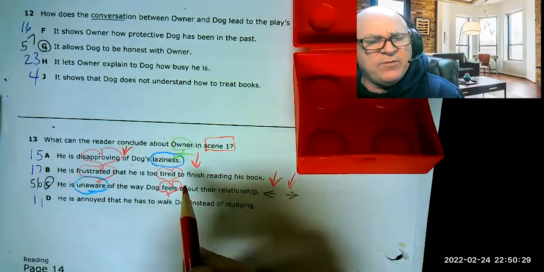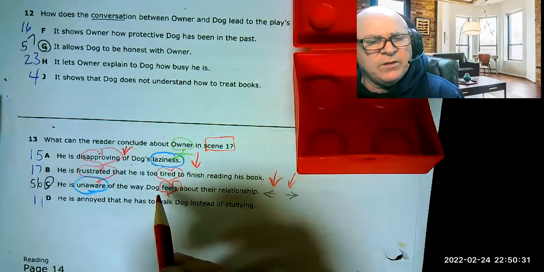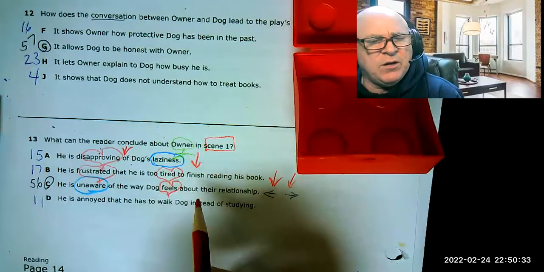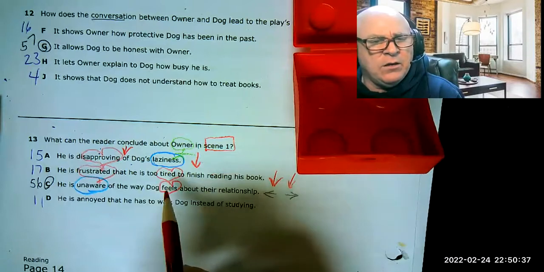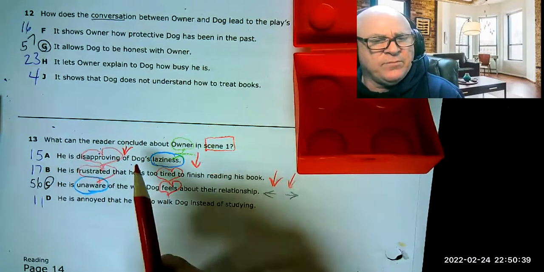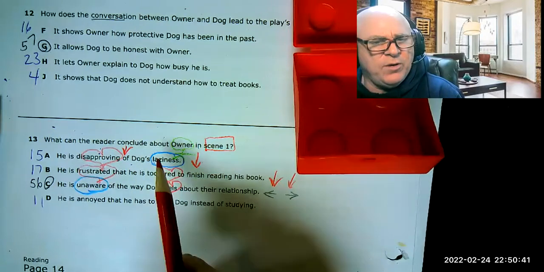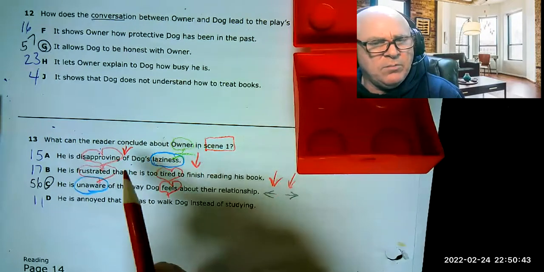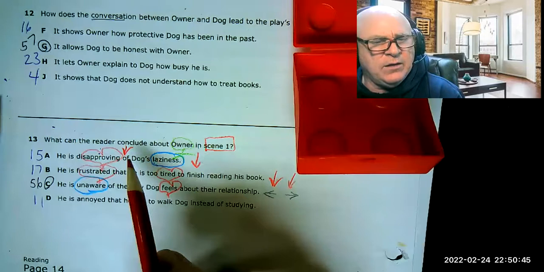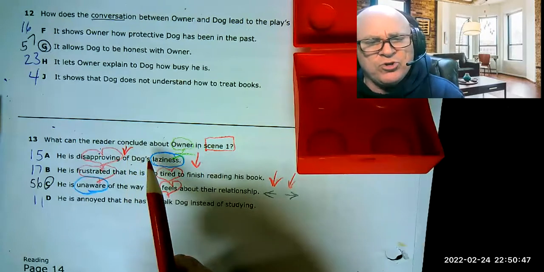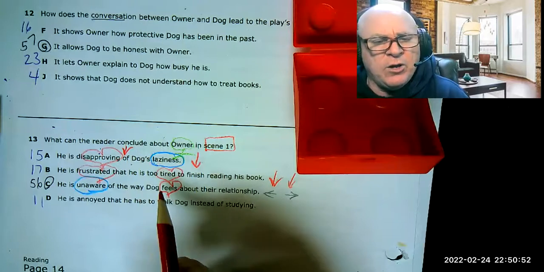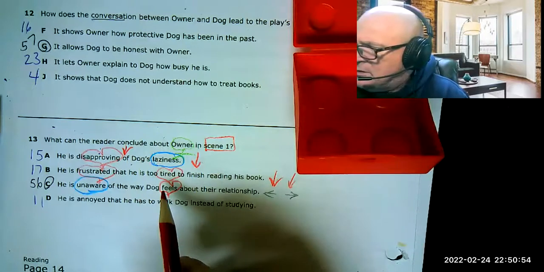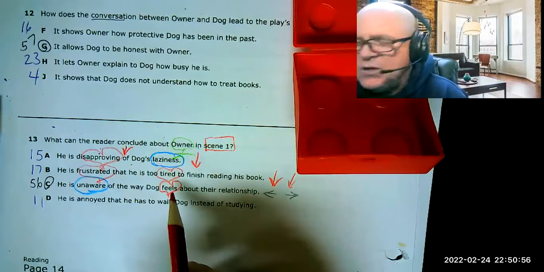So we should see if there's something about the relationship between the dog. If you look at A and C, they focus on a negative opinion about the dog, and C being a neutral opinion about the dog, unaware, not knowing. Letter D, he is annoyed.